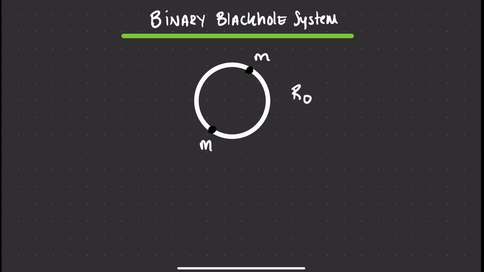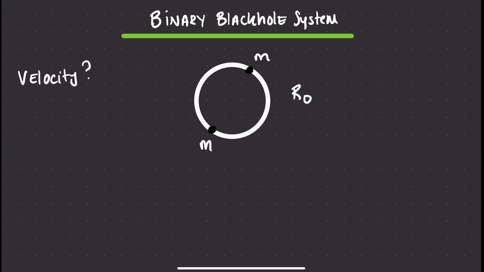So now we have a few things to work with to better understand the system, and maybe we were tasked with finding the velocity of both black holes. What is the velocity of our black holes?